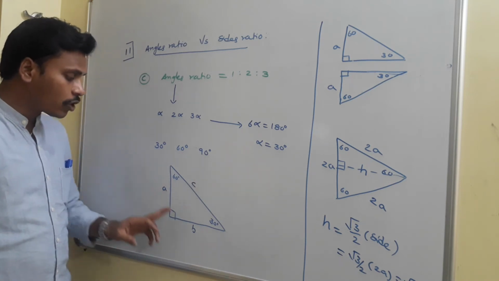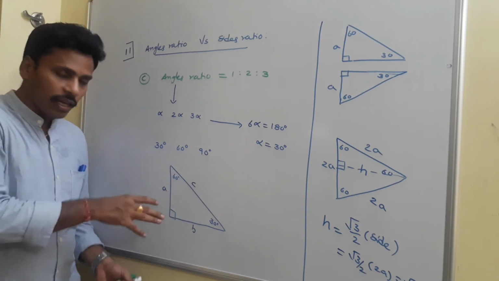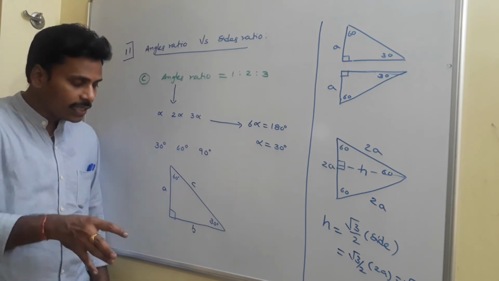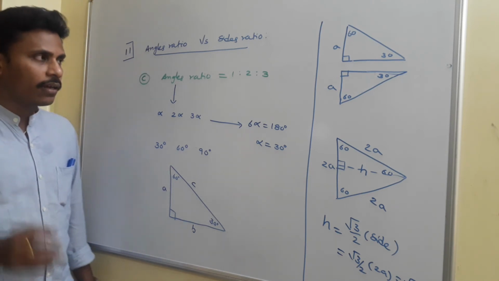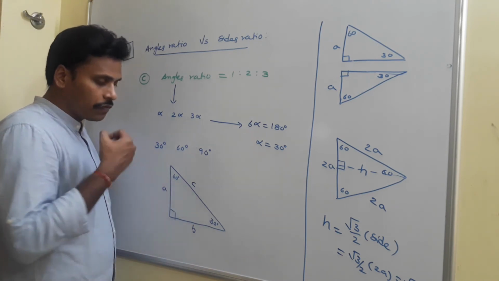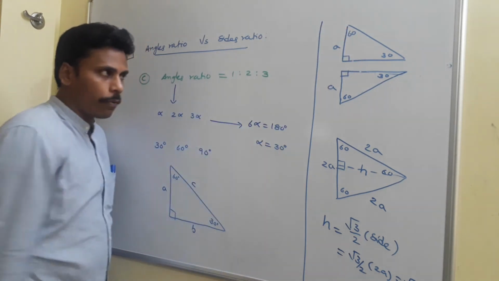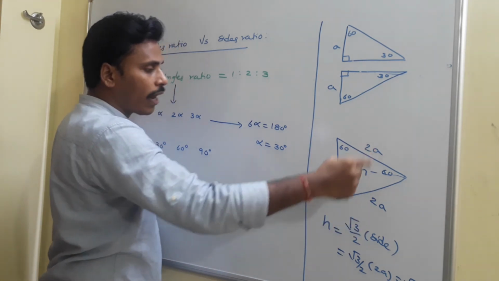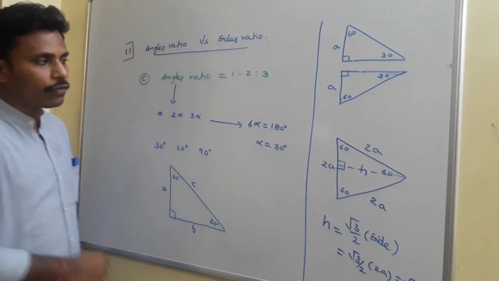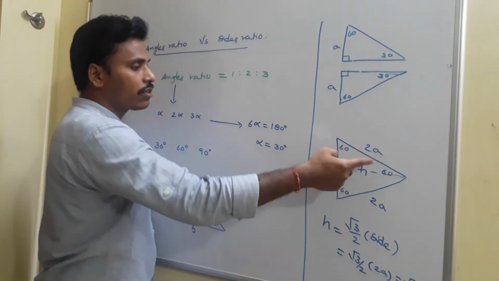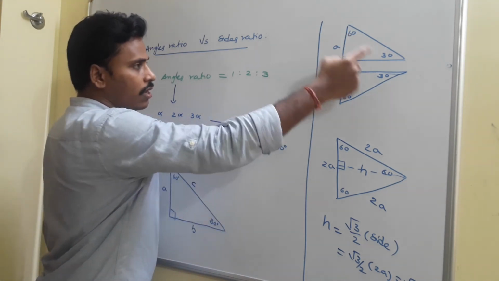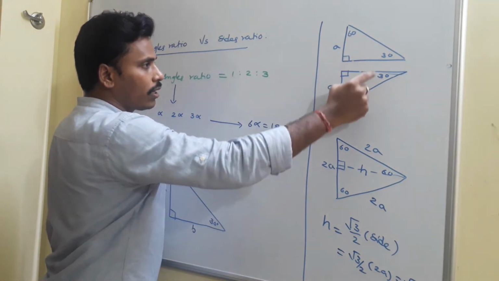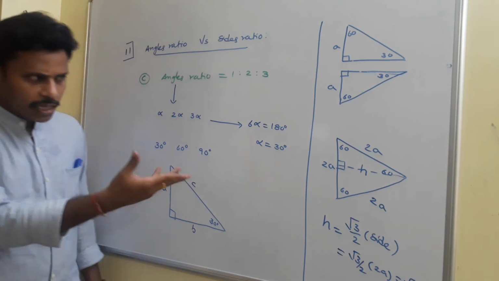To find the ratio between A, B, C, you just take another triangle which is exactly congruent with this, right? So now I have two copies of this triangle. If you join these two, the combined figure will look like this. In this combined figure, each angle becomes 60, 60, 60, because already these are 60s, and these two 30 and 30 become 60, and it is equilateral.